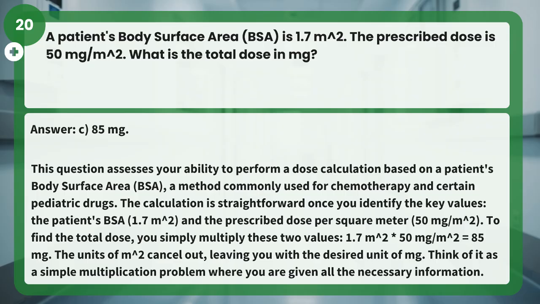To find the total dose, you simply multiply these two values, 1.7 m² * 50 mg/m² equals 85 mg. The units of m² cancel out, leaving you with the desired unit of mg. Think of it as a simple multiplication problem where you are given all the necessary information.